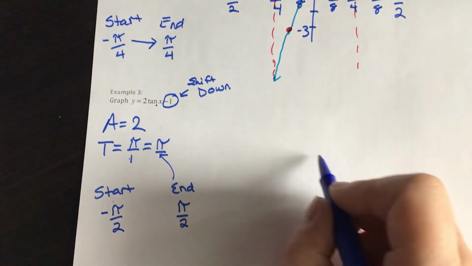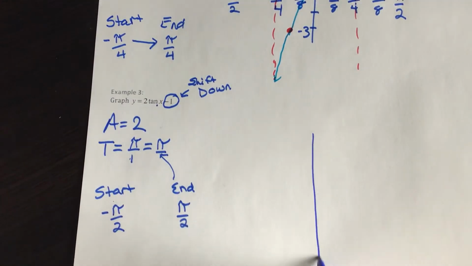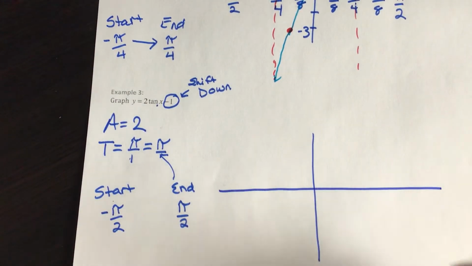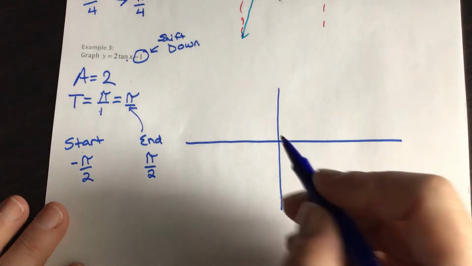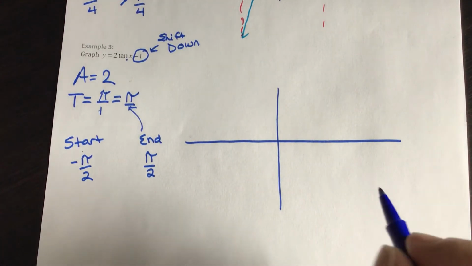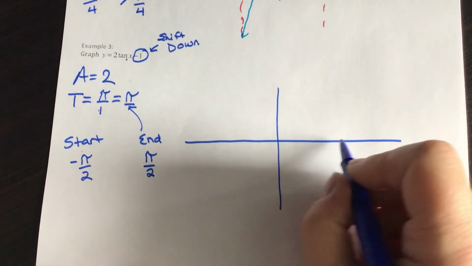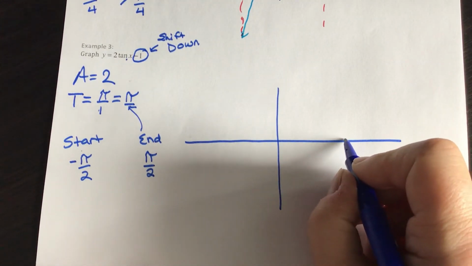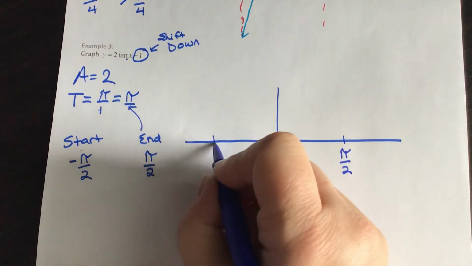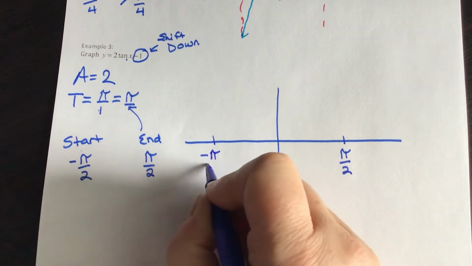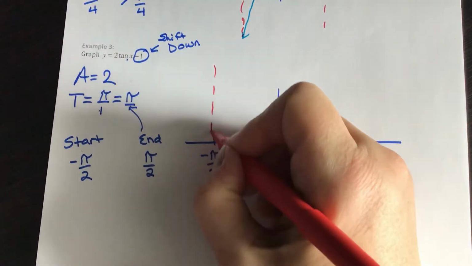All right, so if I draw this, let's get our asymptotes. So here's pi over 2, and here's negative pi over 2. And at those points, I'm going to have vertical asymptotes.